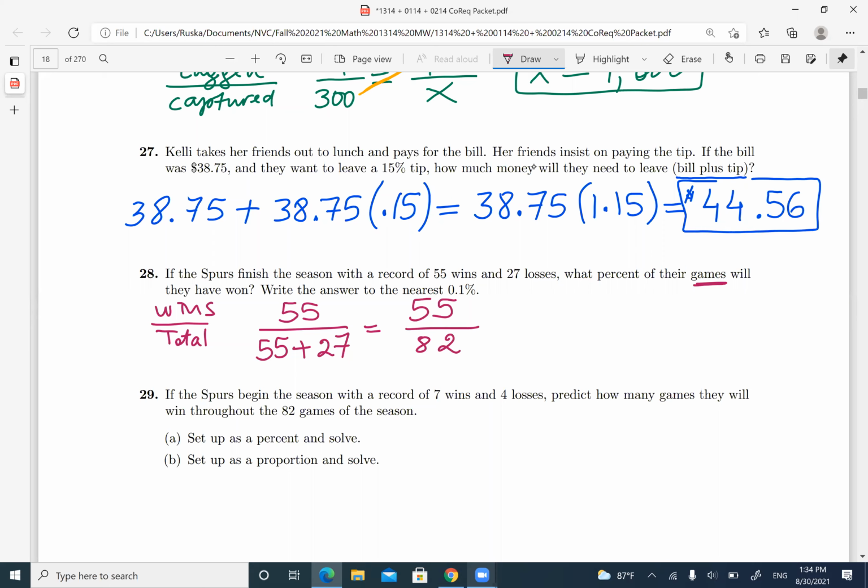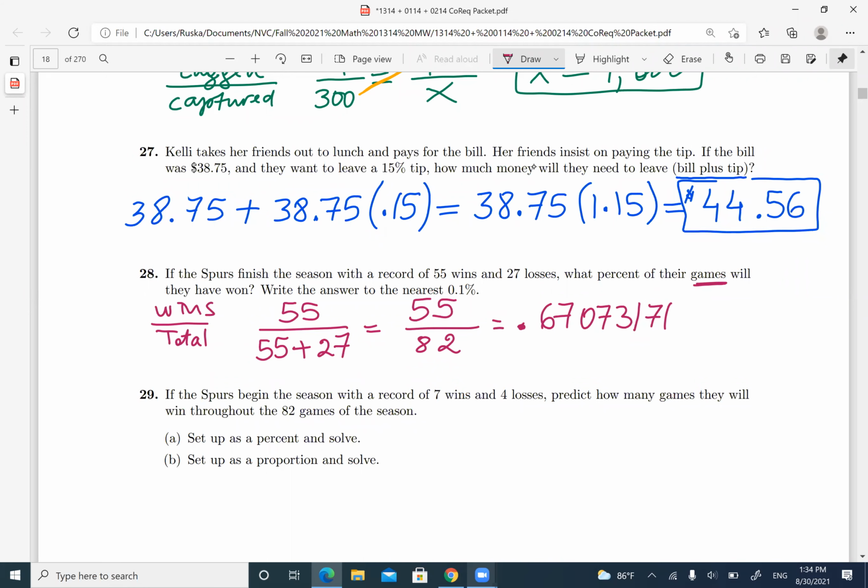So everybody can see how I get 82? I add 55 plus 27, okay? So when I divide 55 by 82, I get 0.67073171. That's what I have in my calculator.